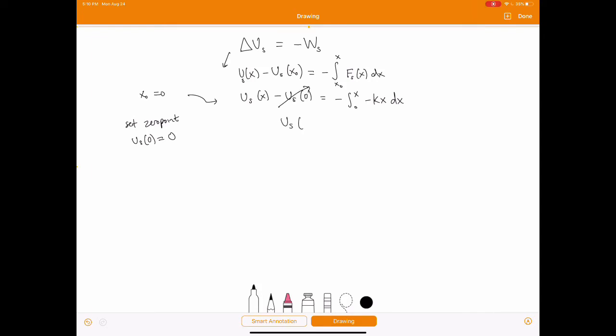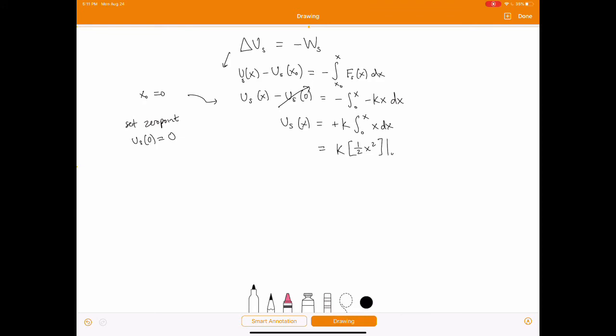So our spring potential energy, as a function of x, it's going to be, okay, I have two negative signs on the right side. That's positive. k is a constant, so I can actually pull it out of the integral. And then now we're going from 0 to x dx. Okay, so I'm integrating x. This goes to 1/2 x squared.